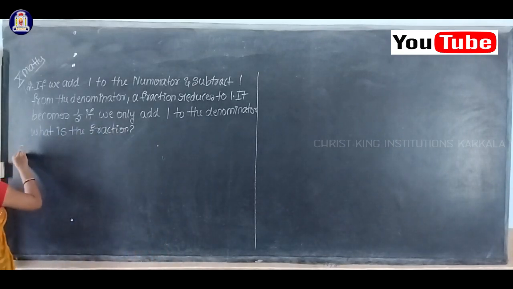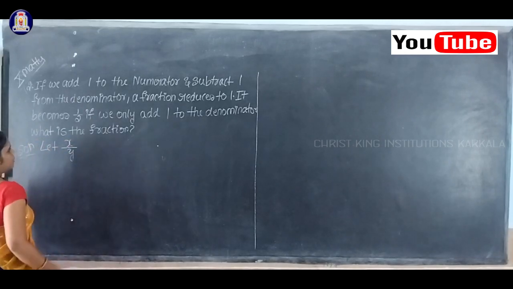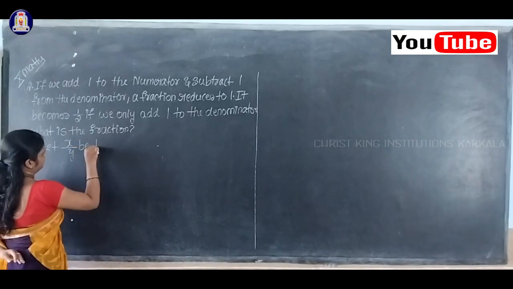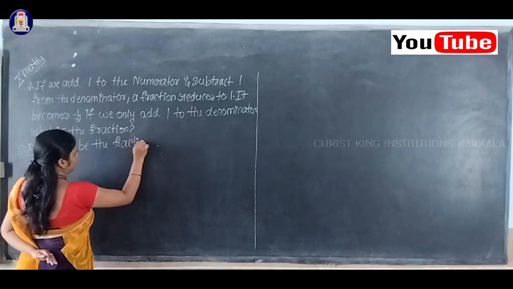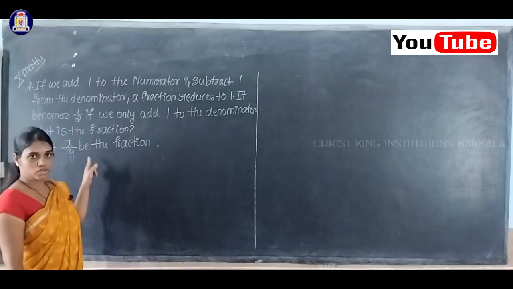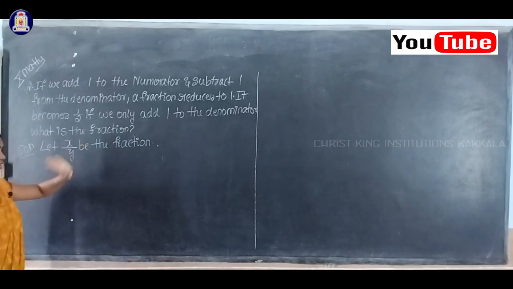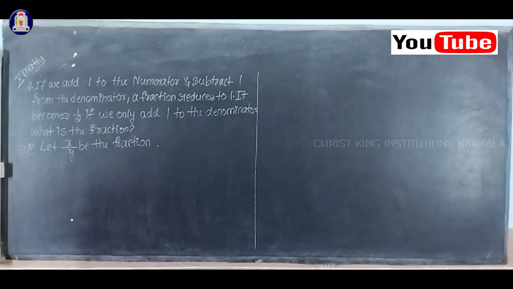So solution, let x by y be the fraction. Okay, because they asked us to find the fraction, therefore I will consider let x by y be the fraction. Okay, so we'll see the condition for this fraction.